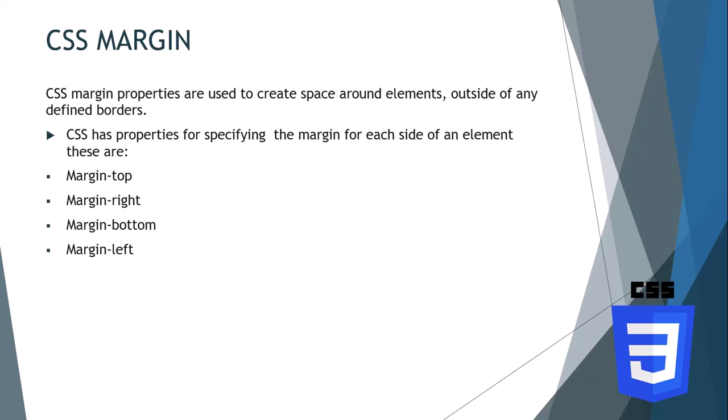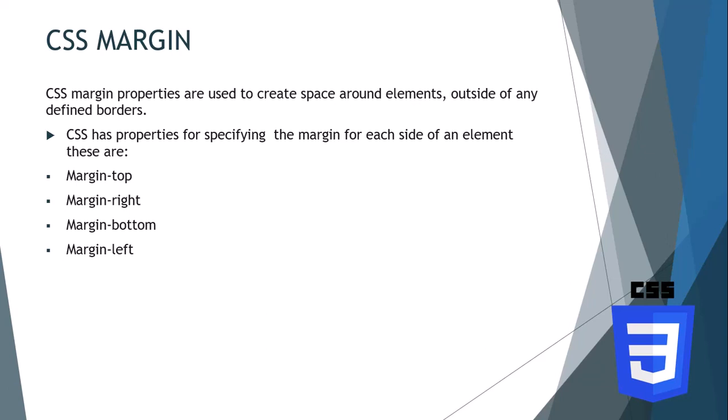Then percent, which specifies the margin as a percentage of the width of the containing element. And inherit, which specifies that the margin should be inherited from the parent element.